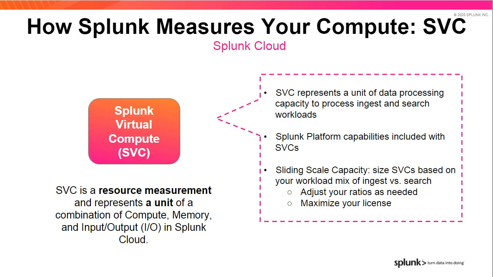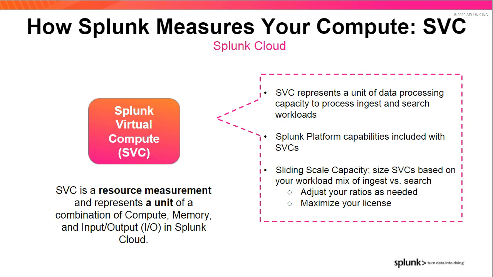First and foremost, in Splunk Cloud, the unit of measure that we use is what we call an SVC. It stands for a Splunk Virtual Compute Unit. Think of that Splunk Virtual Compute Unit as being analogous, though not strictly equivalent, to a virtual CPU core running inside of the cloud that is underpinning your Splunk Cloud instance.